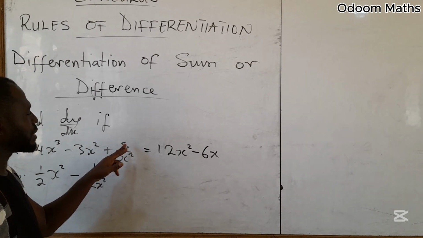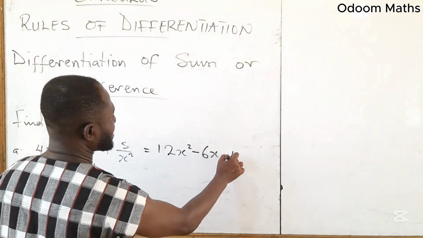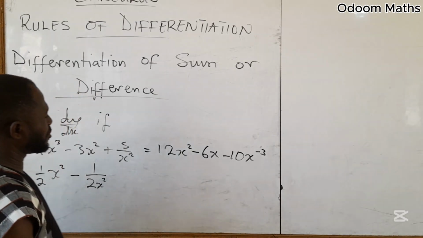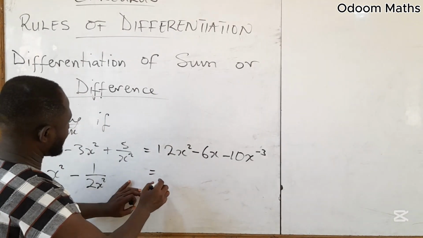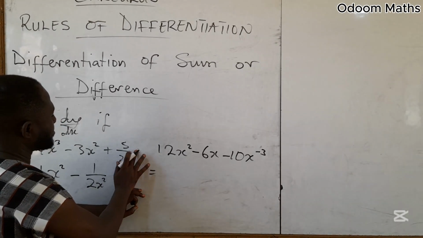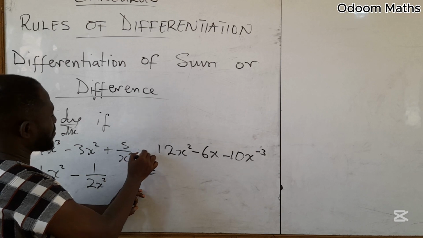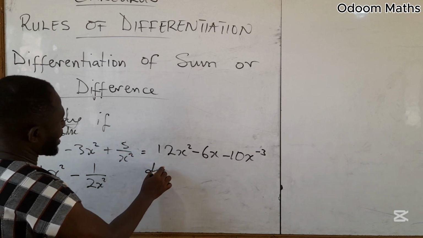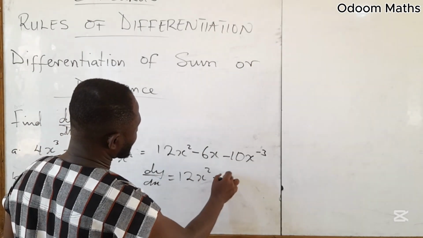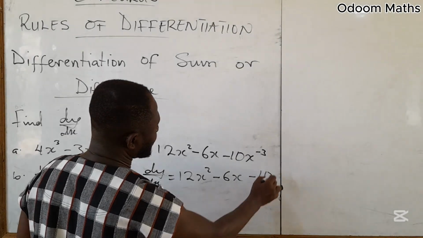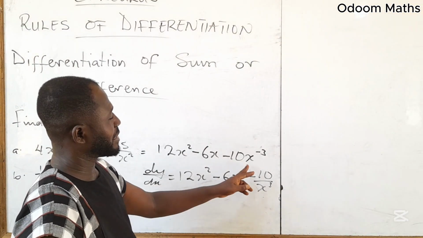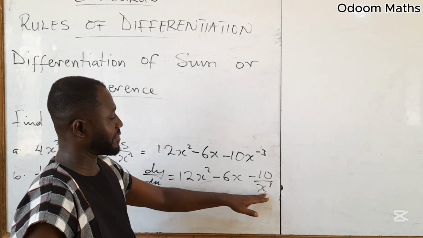So negative 2 times 5 is negative 10, so minus 10x to the negative 3. So dy dx becomes 12x squared minus 6x minus 10 over x to the power 3. Since it has a negative power, that is why I've written this format.